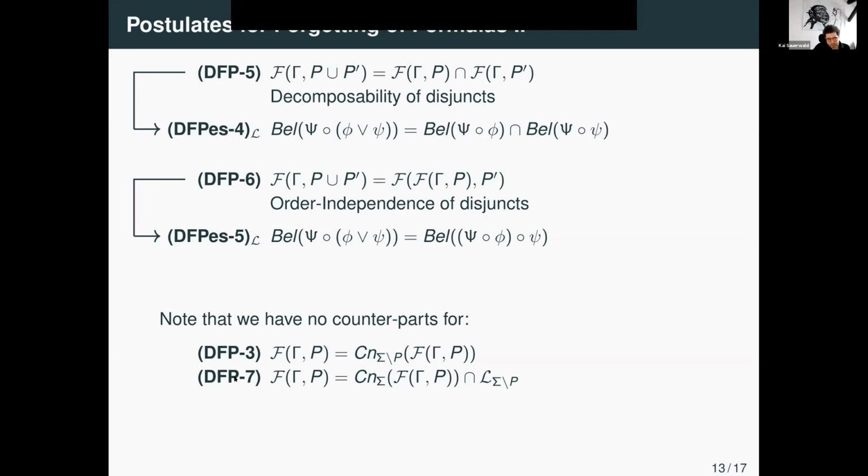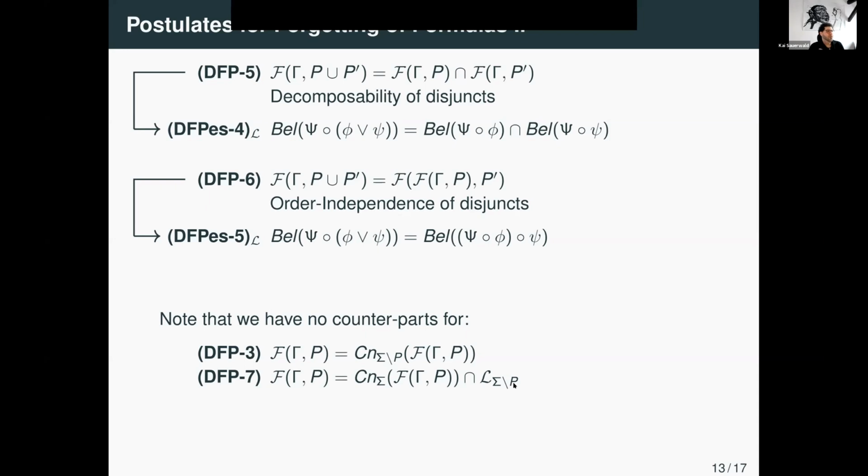But when you look at these postulates, both of them talk about how, after forgetting, you get something which does not talk anymore about the smaller set of atoms you want to forget. So we have all these closures or reductions to sets of formulas which do not talk about P anymore.